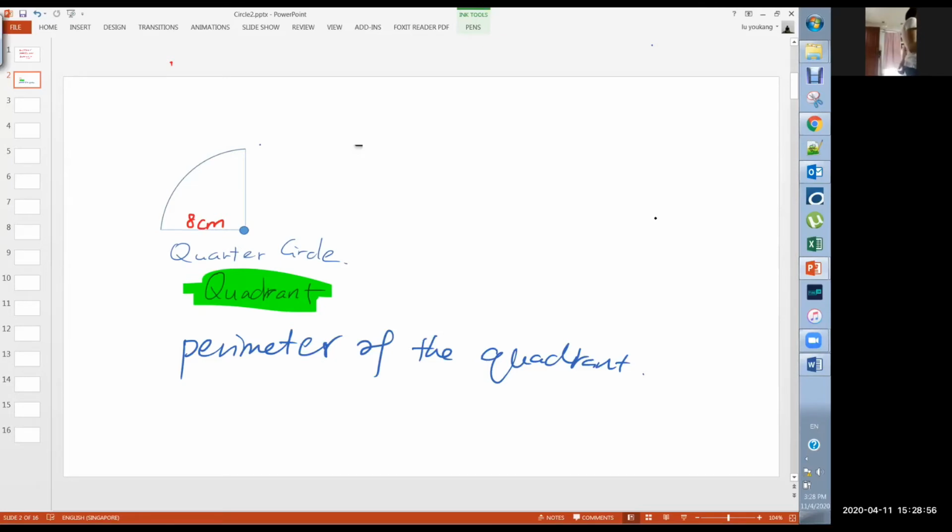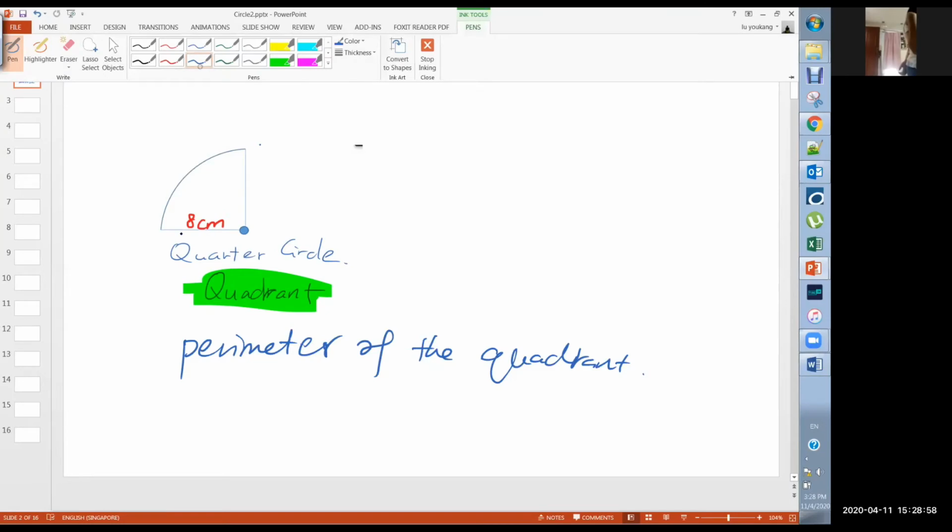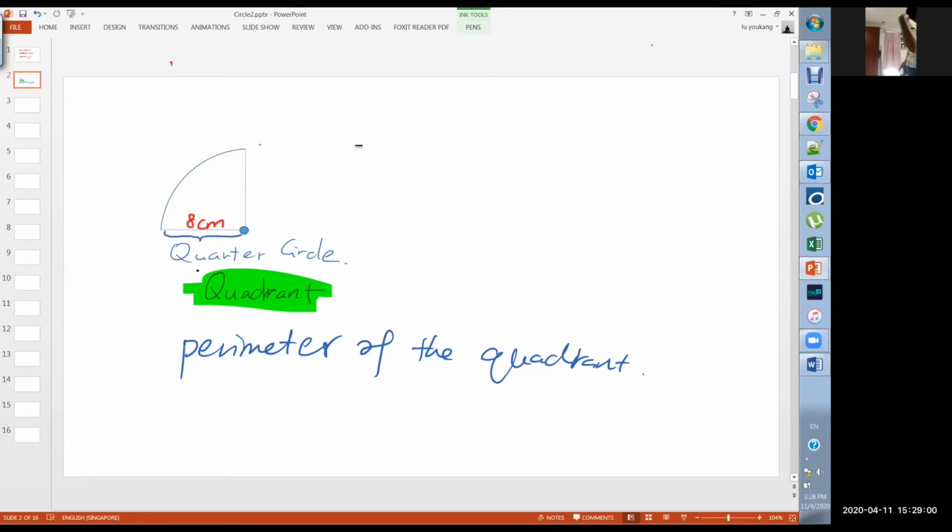You already tell me this is your what? This is your what? Radius. Why radius? Because the center of the circle is from the center of the circle to the perimeter.